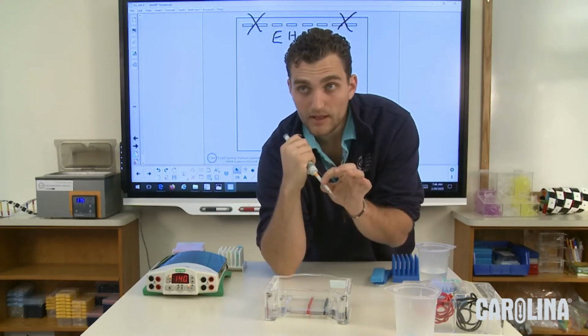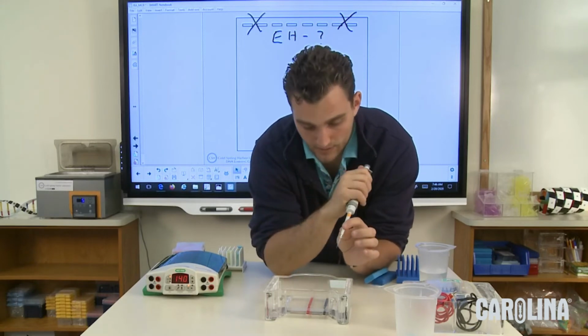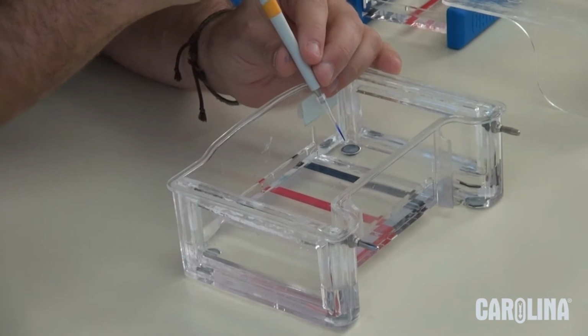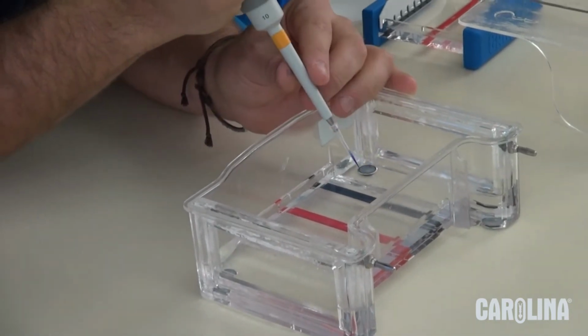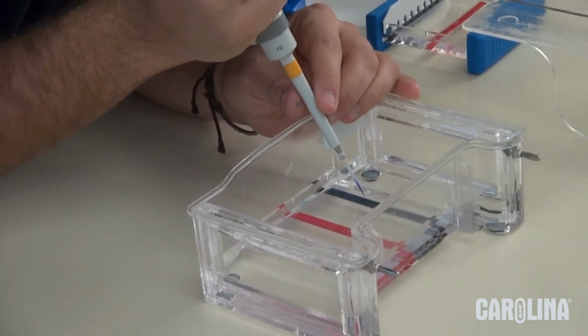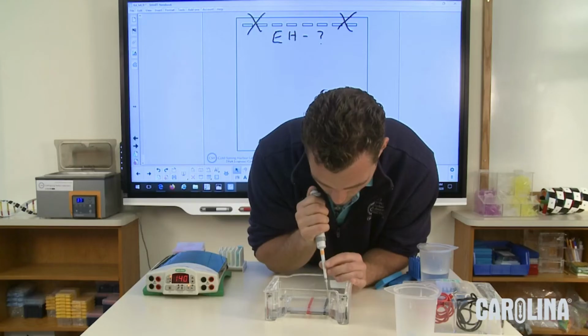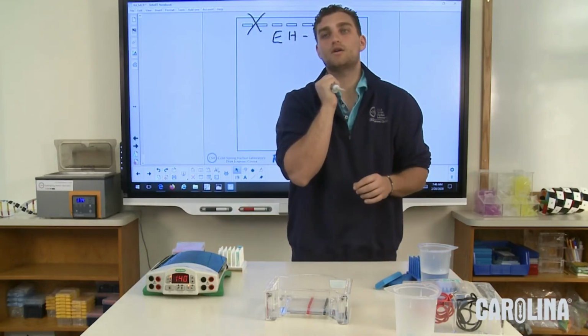I'm going to take my non-dominant hand and touch right here. Now I need to make sure that I am loading in the right well, so I get right over it, and then I am going to break the surface of the liquid, just break the surface of the liquid right above the well, and then I'm going to push down to that first stop to load the gel. Hold my thumb down until I'm out.